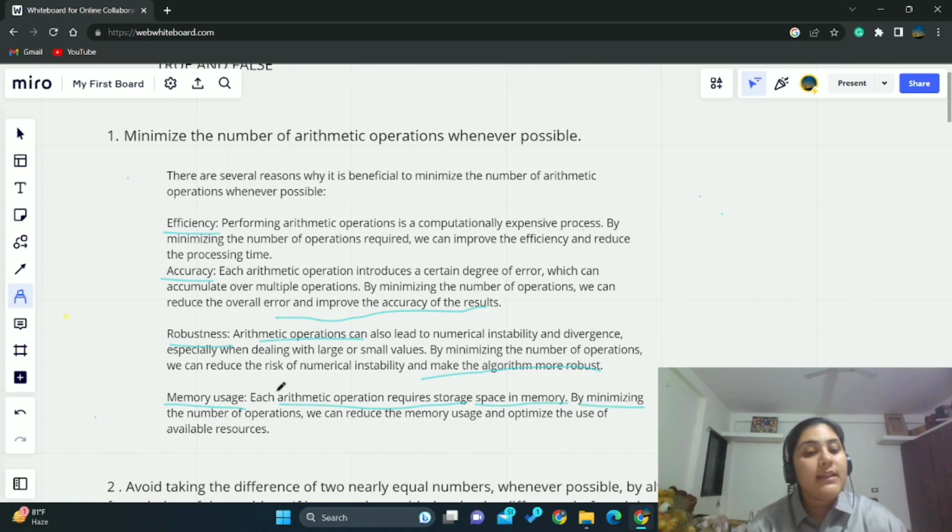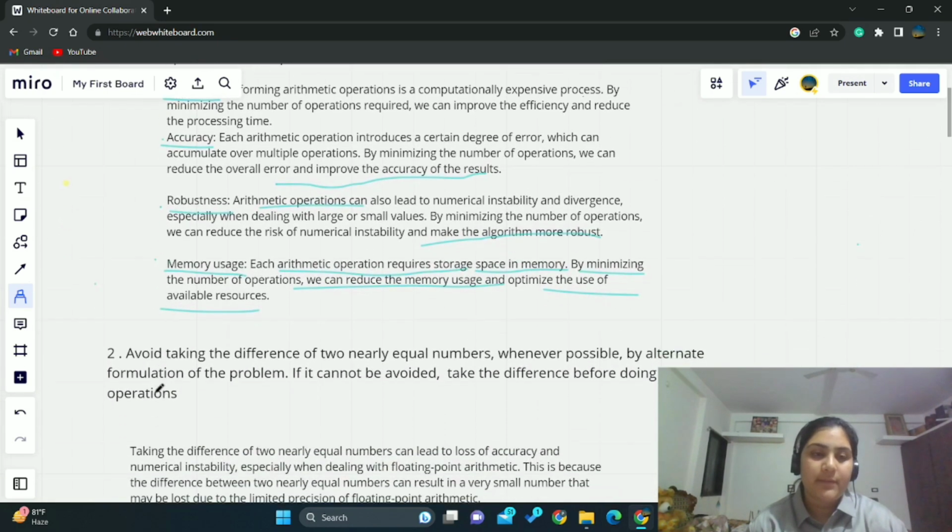By minimizing the number of operations, we can also reduce the memory usage and optimize the available resources. So by minimizing the number of arithmetic operations, we can have several benefits: efficiency, reduced processing time; accuracy, a more accurate result with less error; robustness; and memory usage, optimized use of available memory.